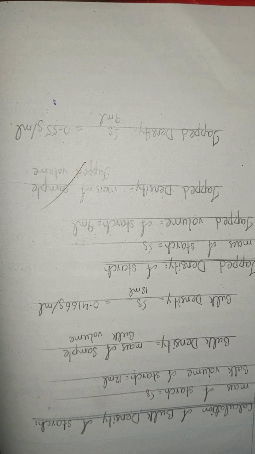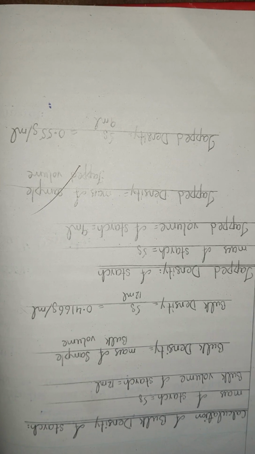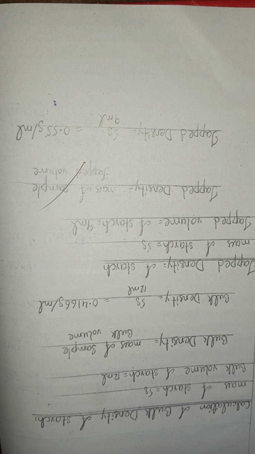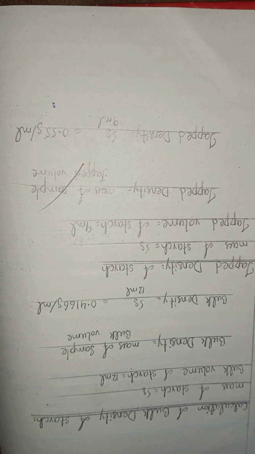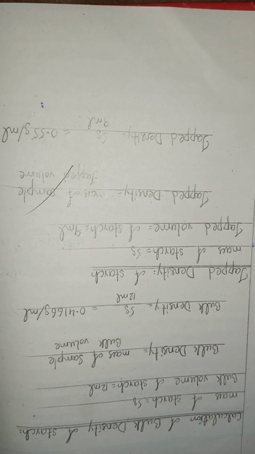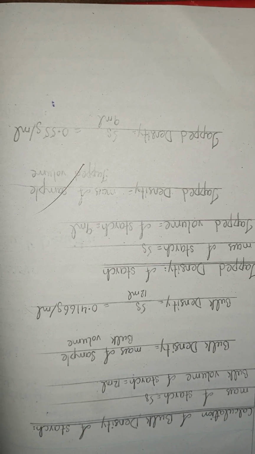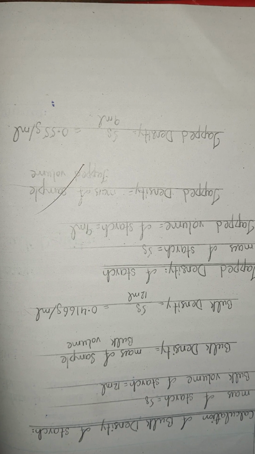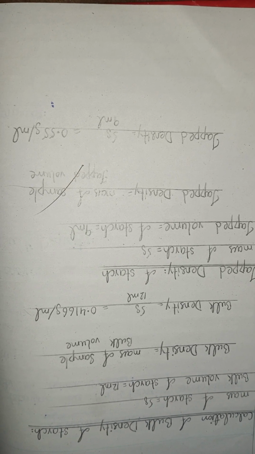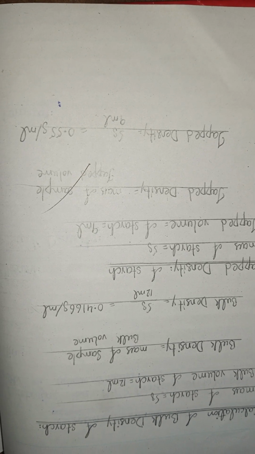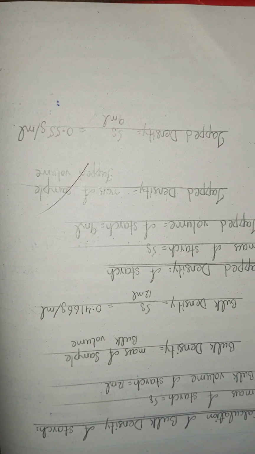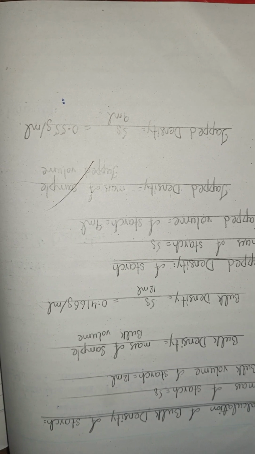It comes out to be 12 ml. You just have to put the powder into your measuring cylinder and find out the value where the powder ends. Now to find out the bulk density, you divide the mass of that sample by the bulk volume. So you divide 5 g by 12 ml. The answer comes out to be 0.4166 gram per ml.